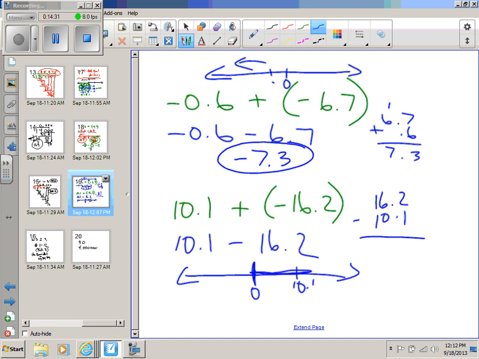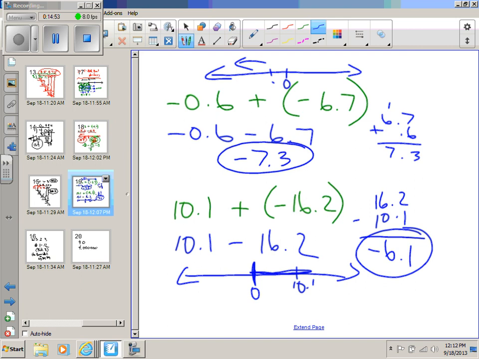Whatever's left is going to be where I am on the negative side. So I'm going to just do the subtraction. It should be what? Negative 6.1. Did you get it? Good.